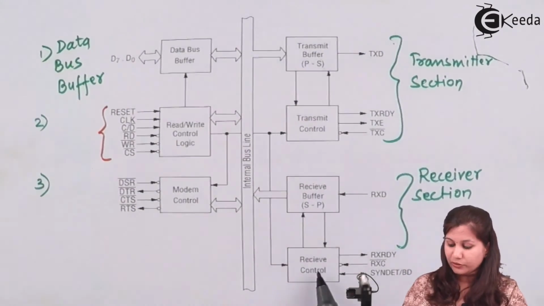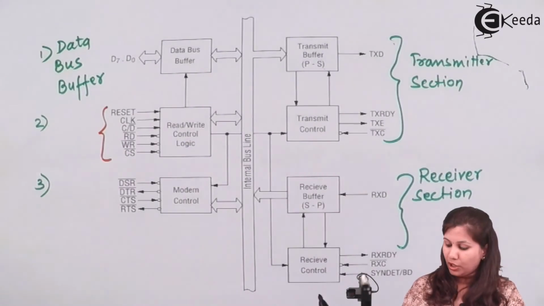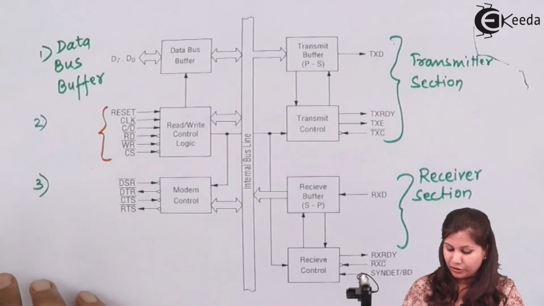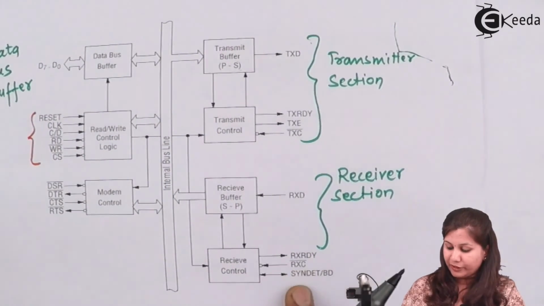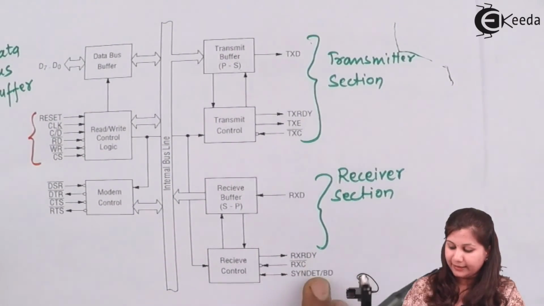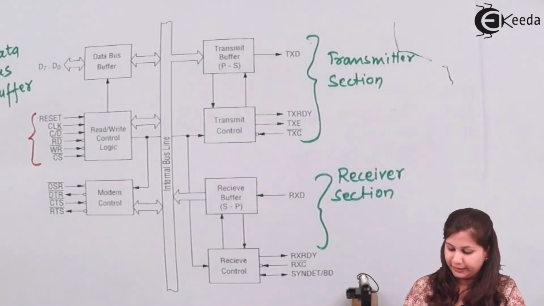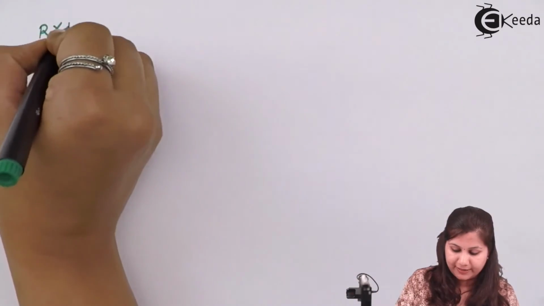Here also we have two sections, receive buffer and receive control. Receive control controls the various operations of the receiver section. Here we have different signals like RxRDY, RxC, sync detect and break detect. So let's study these signals. We have RxRDY.